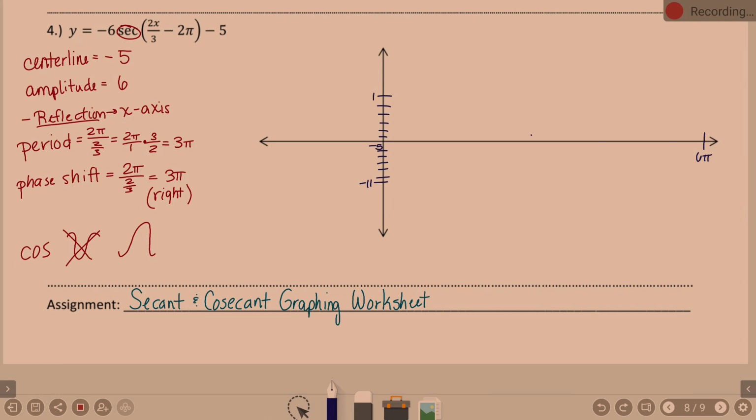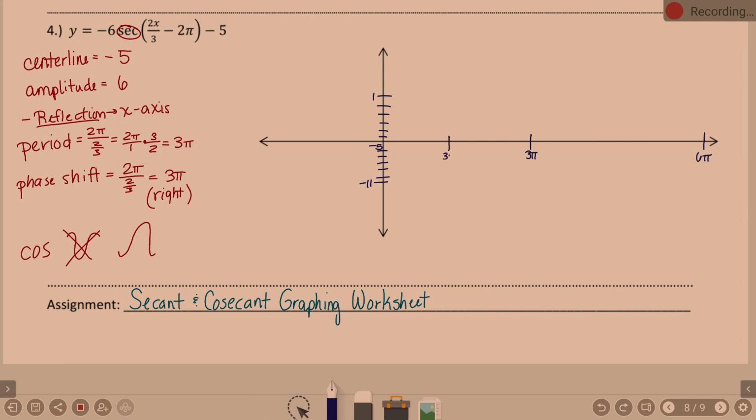3 pi is important because that's a cycle. So here's what I want you to do now. Forget 3 to 6 pi for a moment. 0 to 3 pi, that is a cycle. How many pieces does that need broken into? Fourths. So I'm going to break 0 to 3 pi in the middle. What is the middle of 0 to 3? The middle of 0 to 3 is 1.5, or 3 pi over 2.